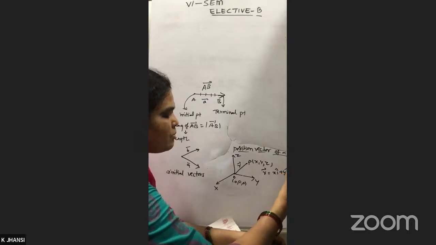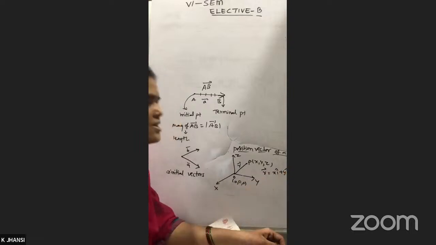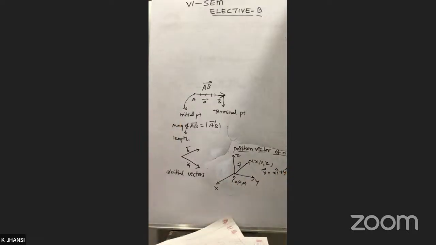In solving problems, we take vector R as xi plus yj plus zk.